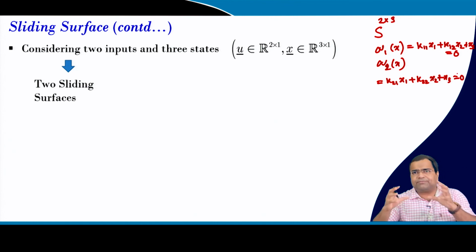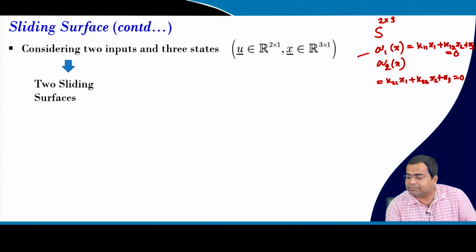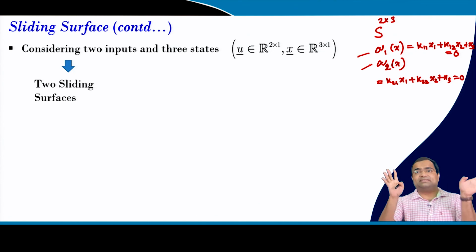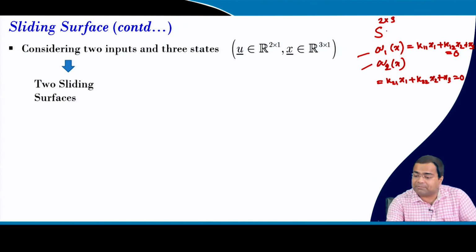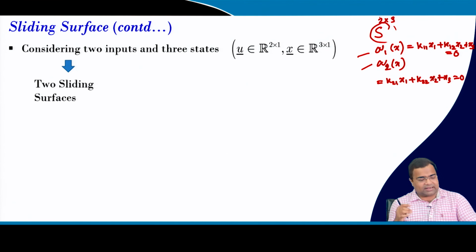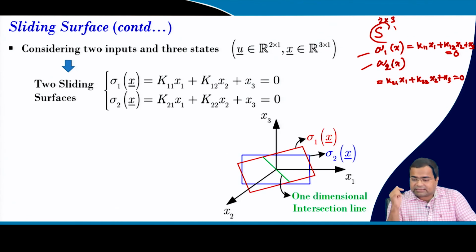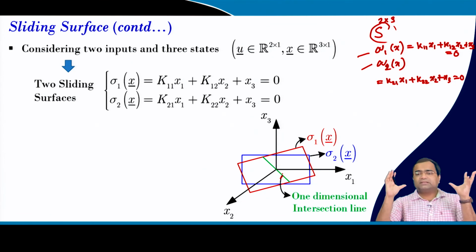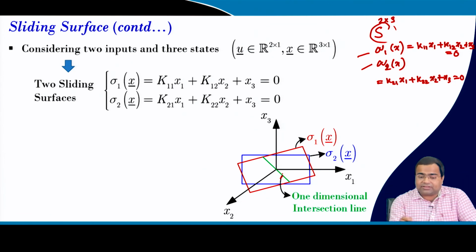The coefficients are different, so the two planes are different, but in each case sigma 1 and sigma 2x are planes. The hyperplane which indicates 2 cross 3 is a combination, and you can see this hyperplane is an intersection line, which is one dimensional. That means each of these switching surfaces is a two dimensional plane.